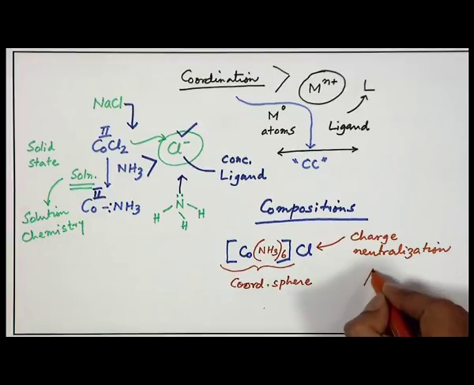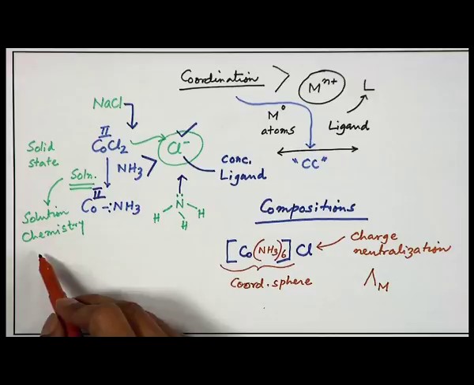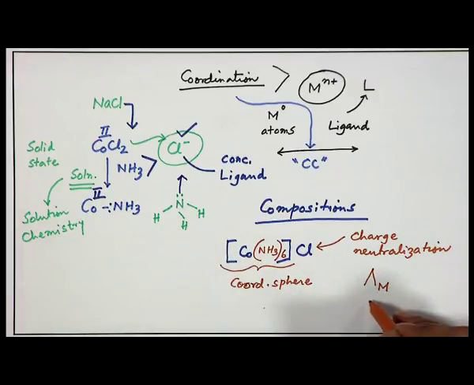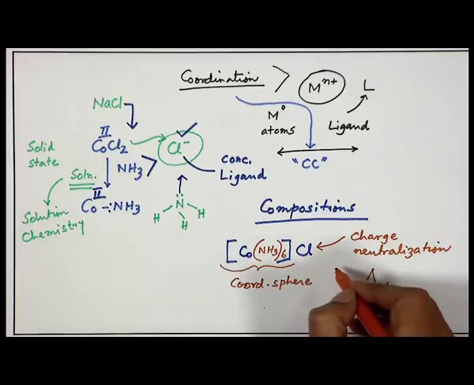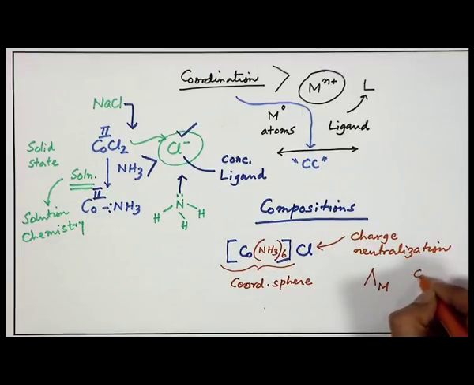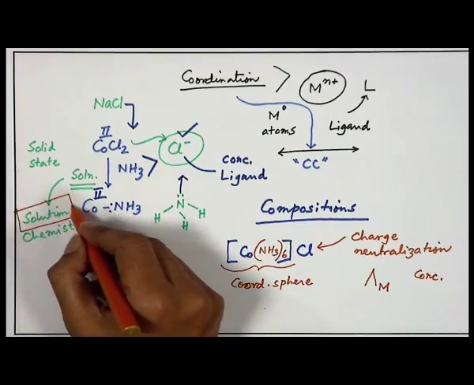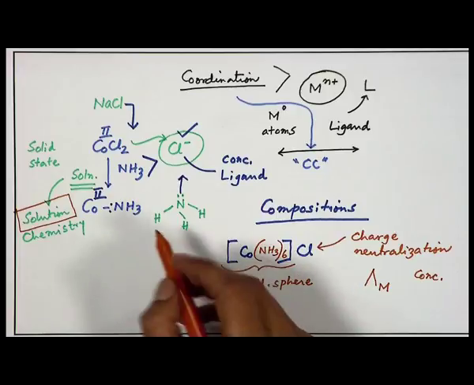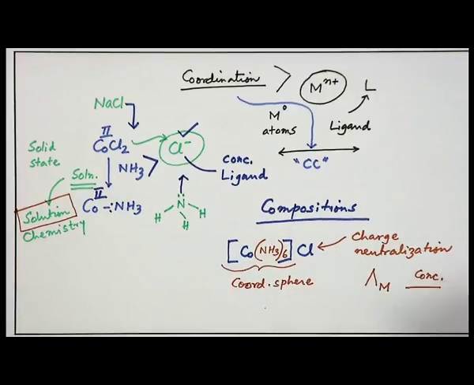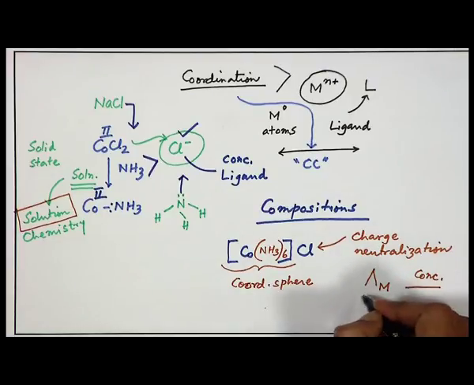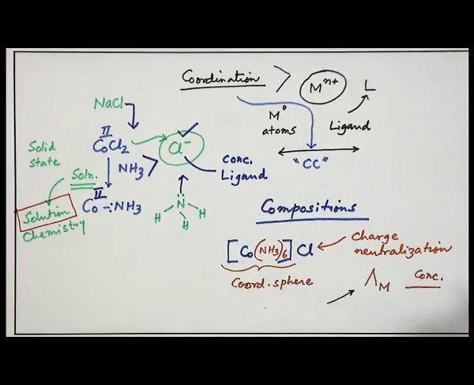Then, since we are doing everything in solution, we dissolve some amount of this compound once it is formed in the solid state, and we know the concentration of that compound in that particular solution. Wherever we make any solution, we all know that a certain amount of solute will dissolve in a certain volume of the solvent, giving a particular concentration, and that concentration is important to know something which will now be tagged as the solution molar electrical conductivity.